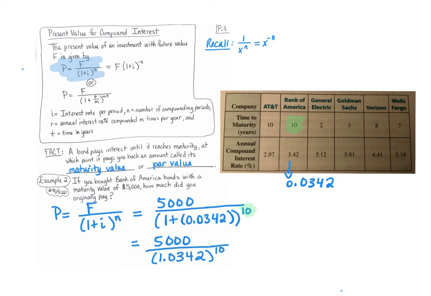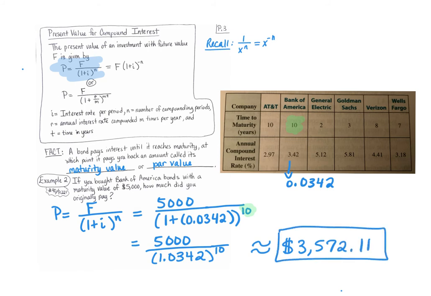You enter that into your calculators and you get approximately $3,572.11. So I hope you paused the video to try that. Now remember, if you're entering this into your calculators, you want to put 5,000 divided by this quantity raised to the 10th.